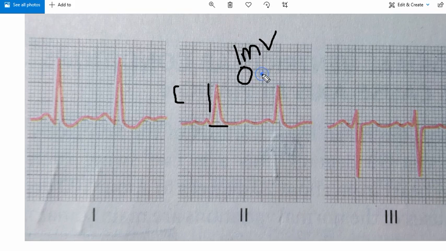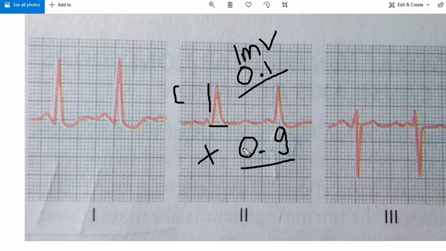So 0.1 millivolt is also covered in the downward direction. After subtracting 0.1 from 1, we obtain 0.9 millivolt. And in what direction? Lead 2 is giving the resultant vector in the positive direction. So positive 0.9 millivolt.